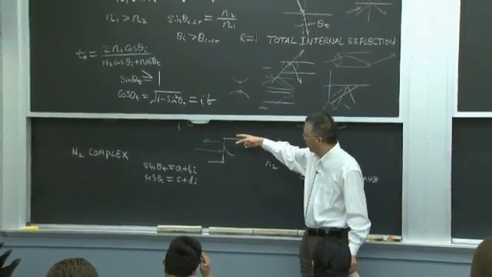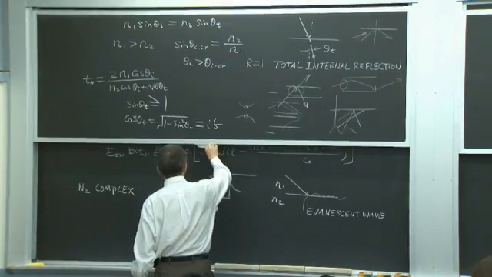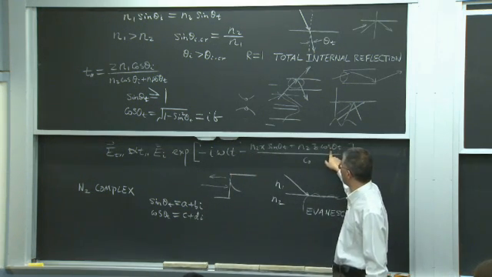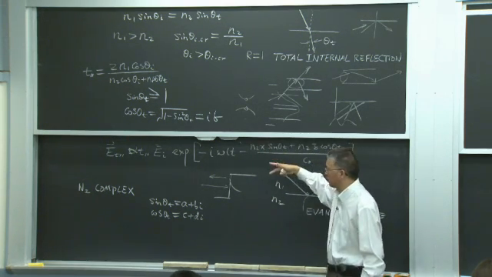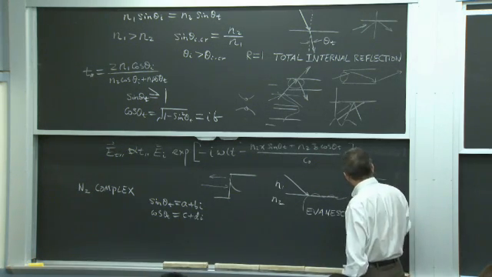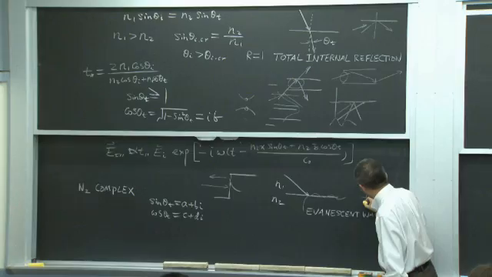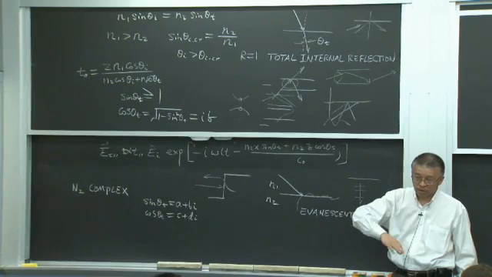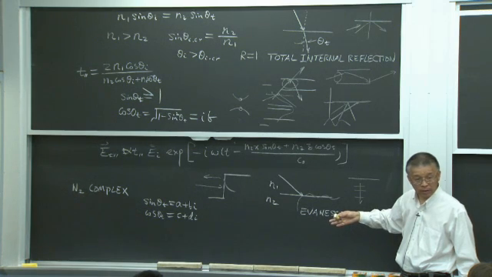Okay? But when both are complex, you look at your wave here, right? Sine theta t is complex. What you find out is that when this wave propagates into a medium, the constant amplitude surface is, in the z direction, each z equal to a constant, that field is a constant amplitude.